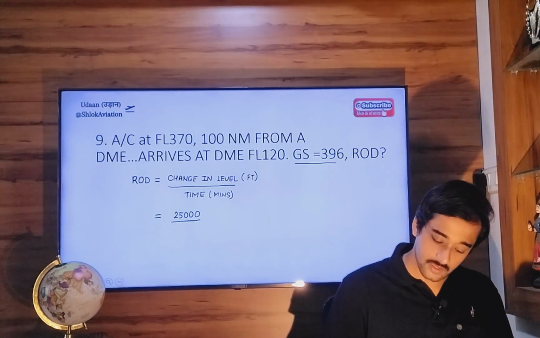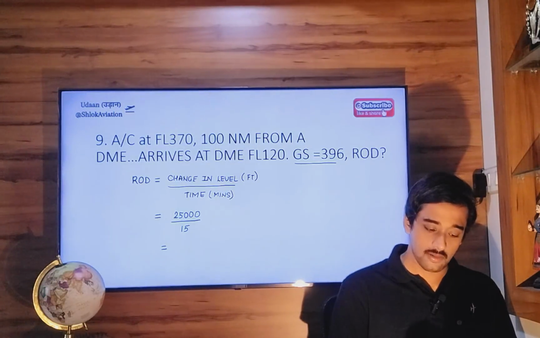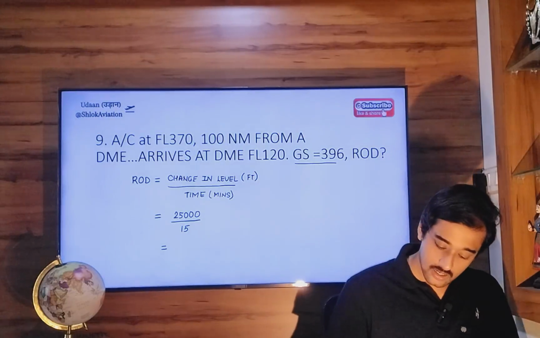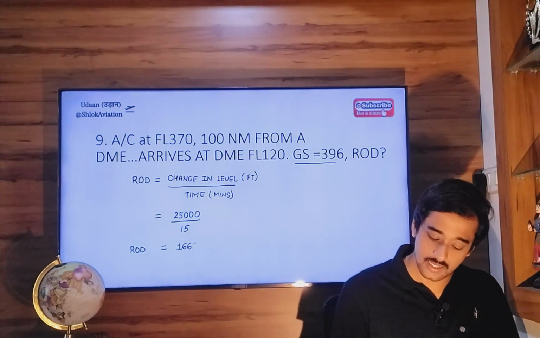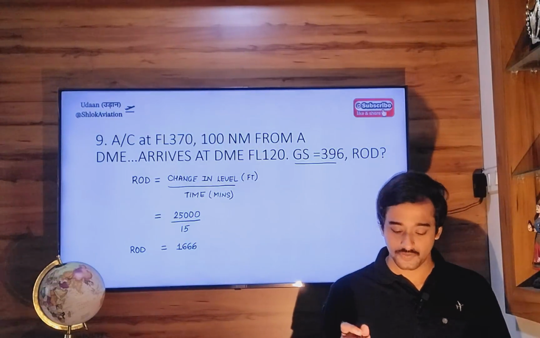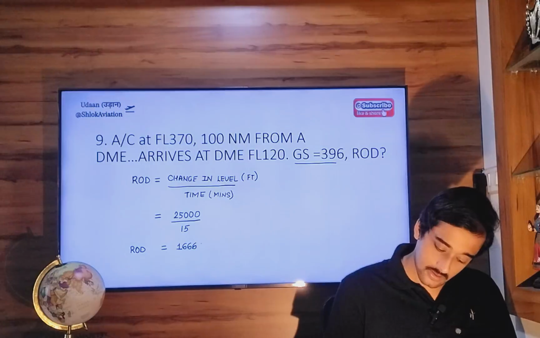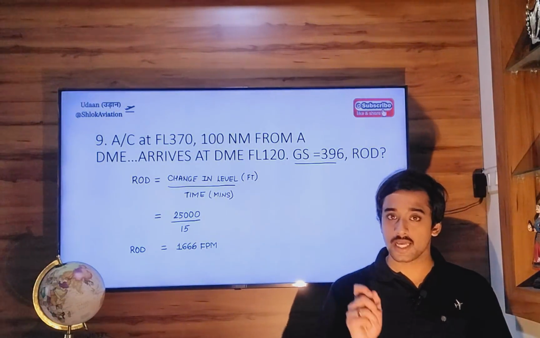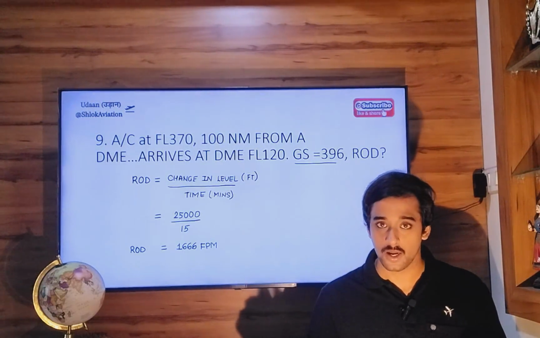So write it here. Now 25,000 divided by 15 is 1666. So rate of descent is equal to 1666 or approximately 1670 feet per minute. Okay, so this is the answer. Select that option which has a value closest to this number.